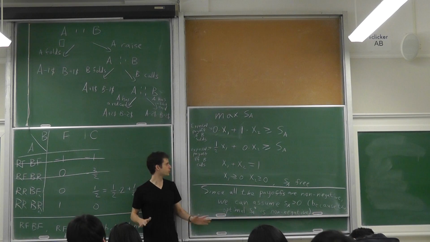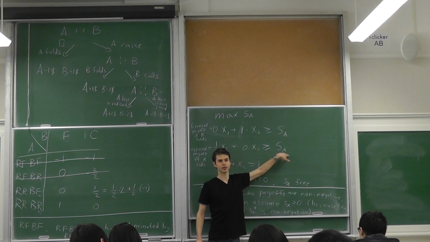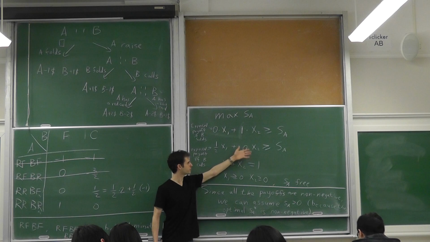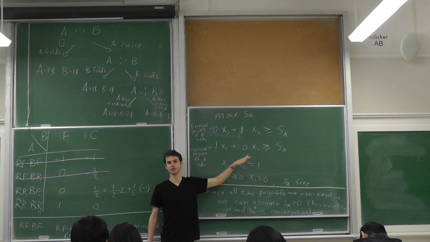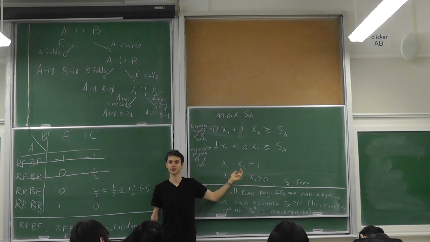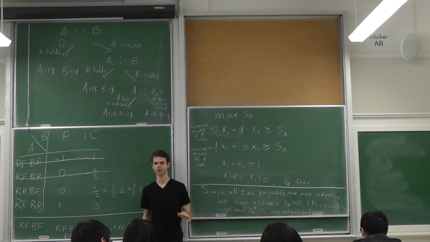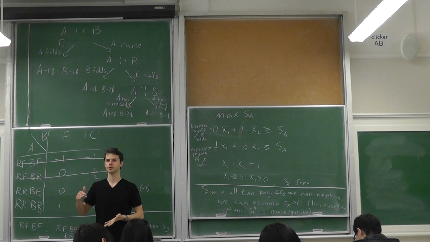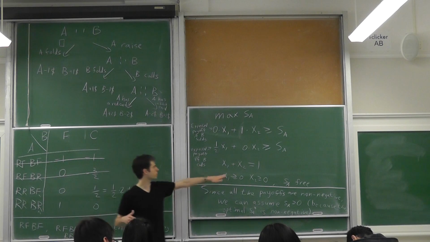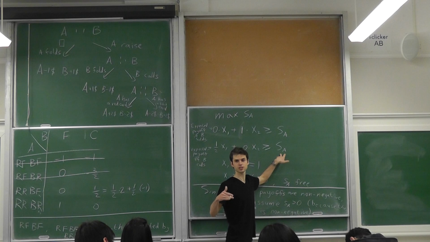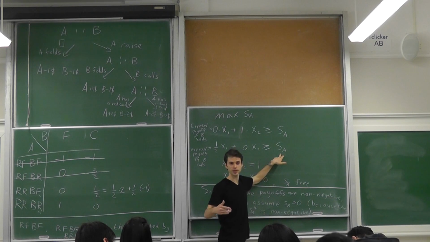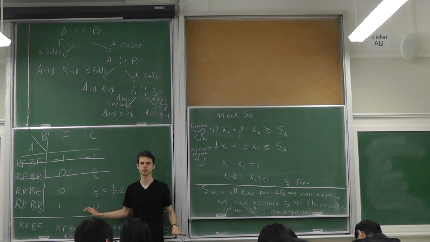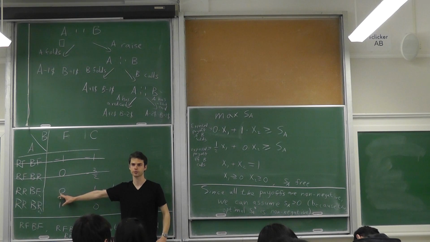I mean, of course, formally, if you put -1 and -1 on the right hand side, you will be able to find some x1 and x2 that satisfy this inequality, but 0, 0 will satisfy this. Sorry, 0, 1 will satisfy this. But we know that the optimal value of SA, of the thing on the right, is at least 0. And why is it? Well, because Alice will get at least 0 regardless of what she plays, regardless of the assignment probabilities.